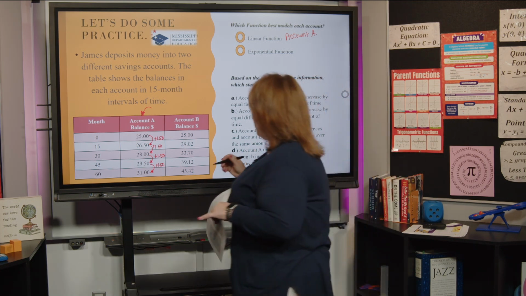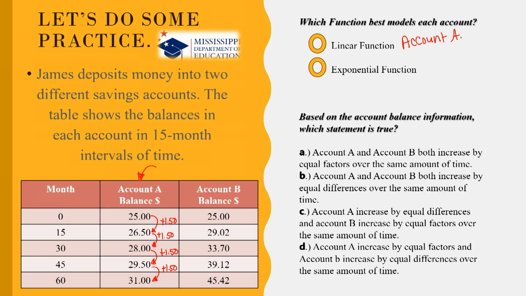Let's look. All right, so to go from $25 to $29.02, what did I do? Well, it looks like I added $4.02. And then to go from $29.02 to $33.70, well, let's see. What am I multiplying or dividing? I have $33.70 and $29.02, and that is $4.68.